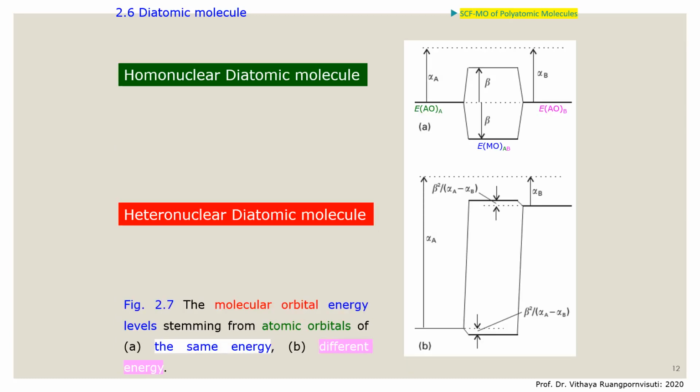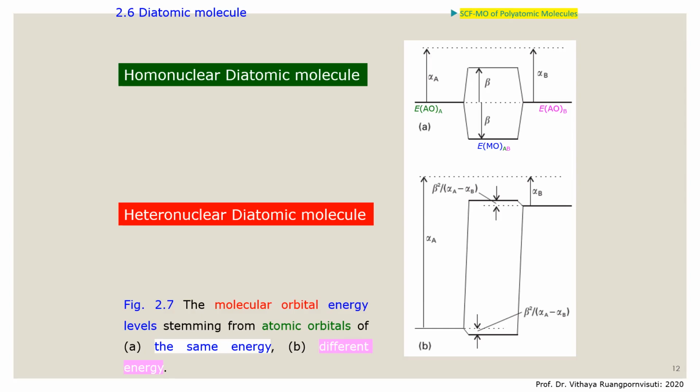Figure 2.7 shows the molecular orbital energy levels stemming from atomic orbitals of the same energy, as shown in the top picture, and different energy for the bottom picture.